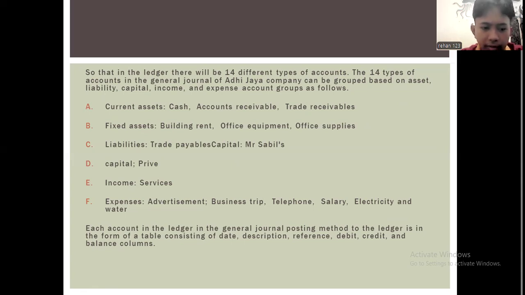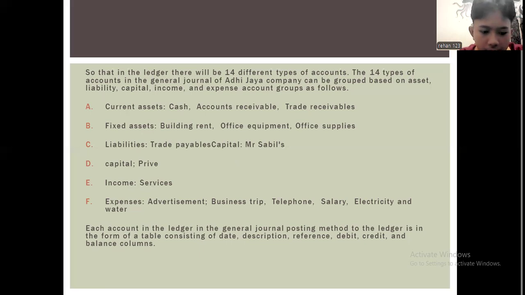B, fixed assets: building rent, office equipment, office supplies. C, liabilities: trade payables. D, capital and private. E, income: service. F, expense: advertisement, business trips, telephone, salary, electricity, and water.